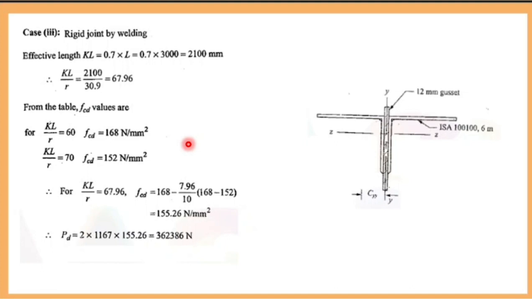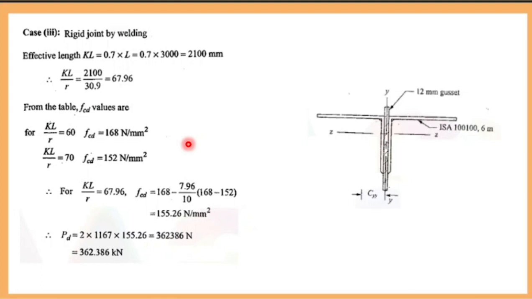Now, what is the best connection? The last one, the welded design, gives 362 kilonewton of load carrying capacity for buckling. Now, what is the worst type of connection? If you provide only one bolt at both the joints, what was the load carrying capacity there? 259, that is 260.